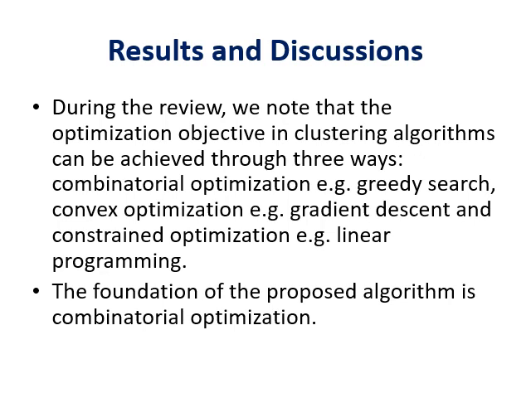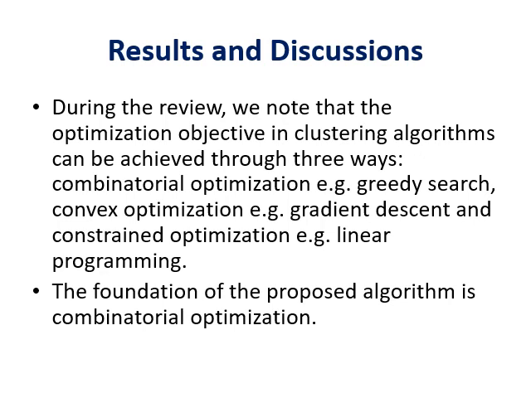Quite a number of greedy algorithms have been proposed in machine learning. Then convex optimization, an example being gradient descent. And lastly, constrained optimization, with an example of linear programming. The foundation of our proposed algorithm is combinatorial optimization.